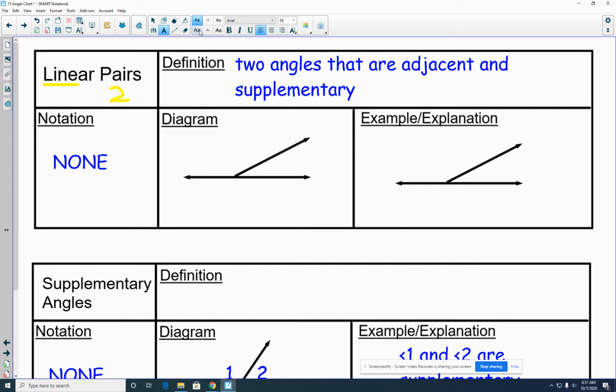So if two angles are adjacent, it means that they're next to each other. If two angles are supplementary, well, we're going to talk about that next, but supplementary means that they add to 180. They come to 180.